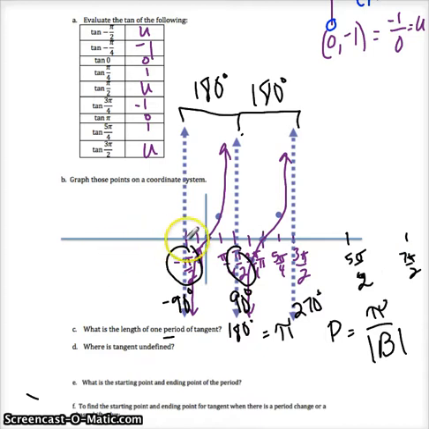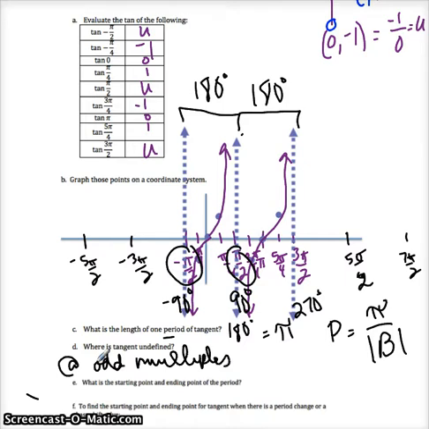If we went to the left from negative pi over 2, we'd have negative 3 pi over 2, negative 5 pi over 2. So you can see that these are odd multiples of pi over 2. So tangent is undefined at odd multiples of pi over 2.